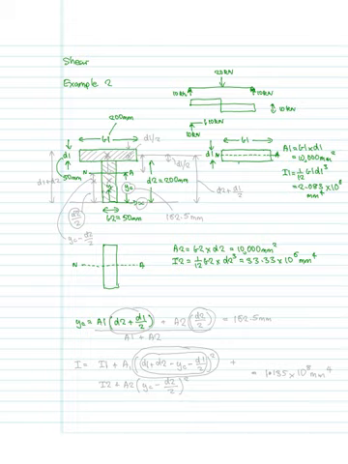So our first area is going to be this A1 here, and that's going to be multiplied by this distance D2 plus D1 over 2.